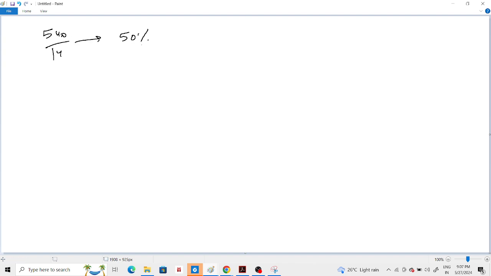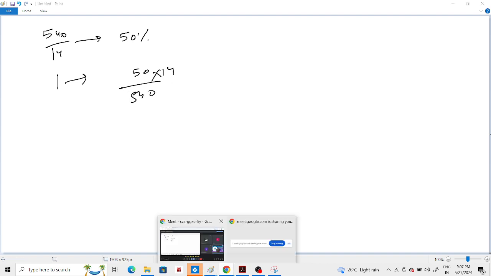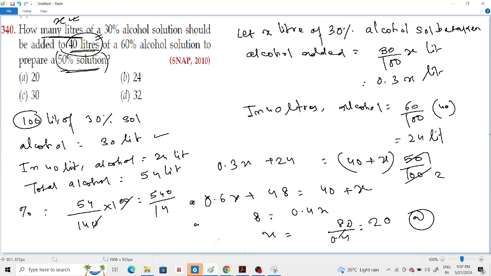So 1 is equivalent to 50 by 540 into 14, and I took 100 liters.